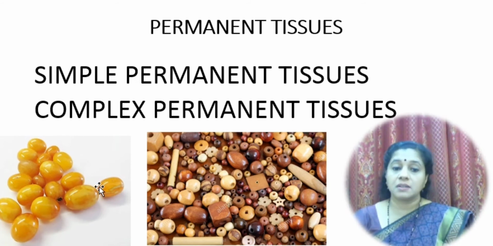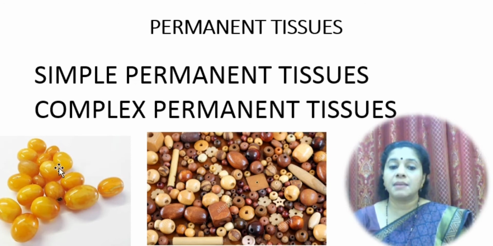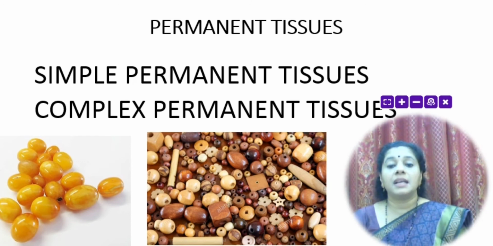Look at this picture. Here you can see several beads. Their size may be slightly different, but they are of the same kind. Every single bead is similar to the other one. Whereas in the second picture you are seeing collection of beads. Some are spherical, some are flat, some are rectangular, some are elongated.